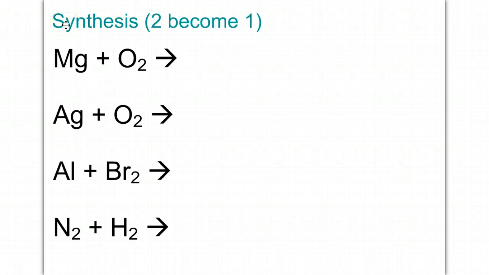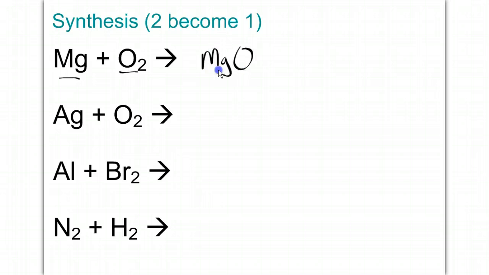I'm going to start with your first example, which is magnesium and oxygen. They're going to combine, so on the right side of the arrow, I'm going to write Mg for magnesium, and I'm going to write an O for oxygen. Notice that the 2 on the left-hand side does not carry forward to the right-hand side.